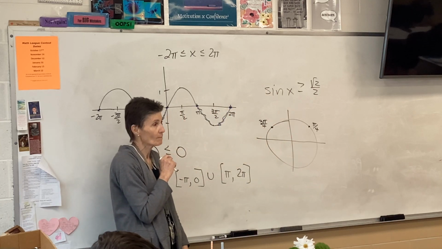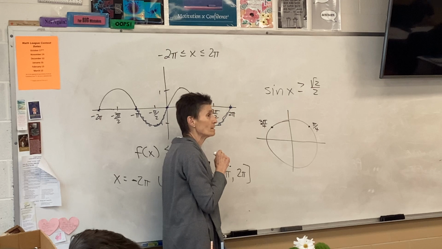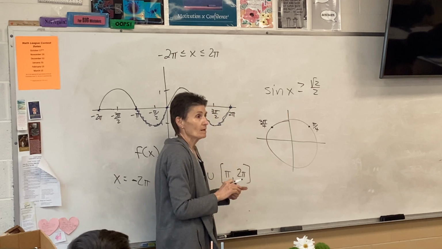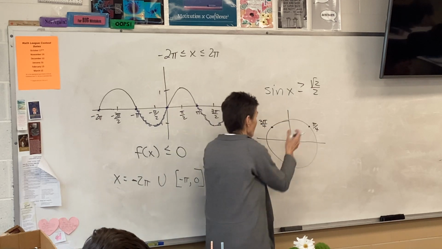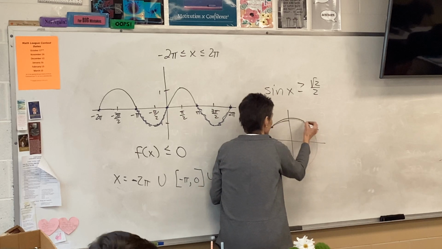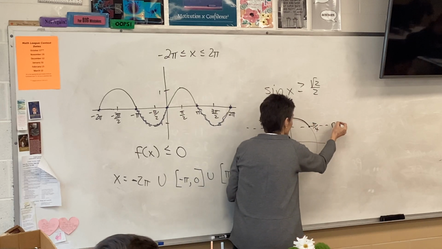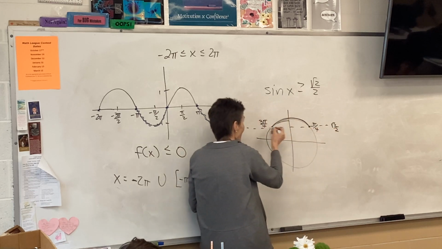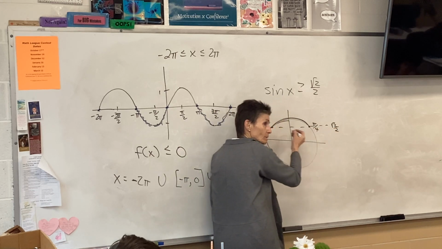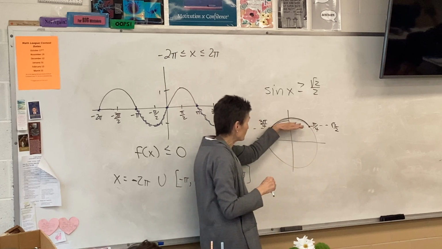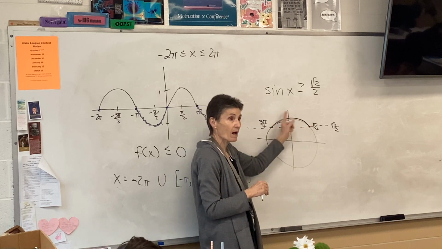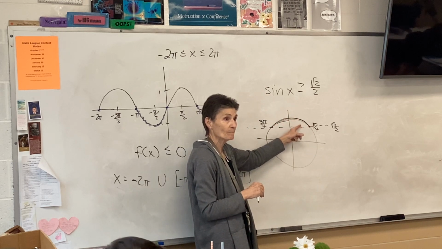That's where it equals. Now, where is it bigger than that? This is root 2 over 2 right here. This is where the y value is root 2 over 2. Isn't the y value going to be bigger than that on this top piece of the circle?